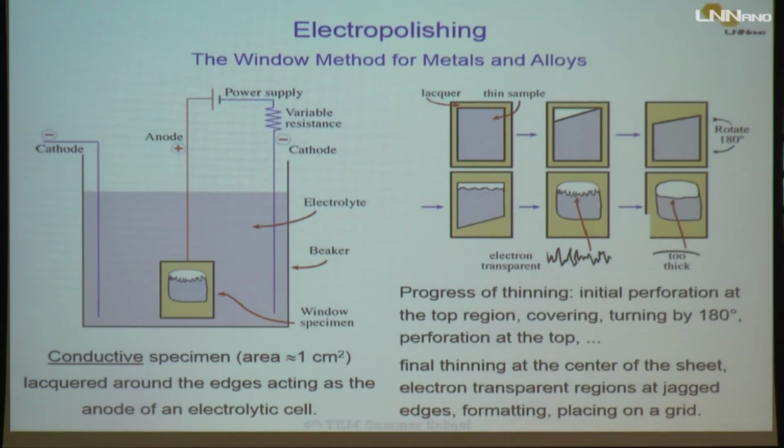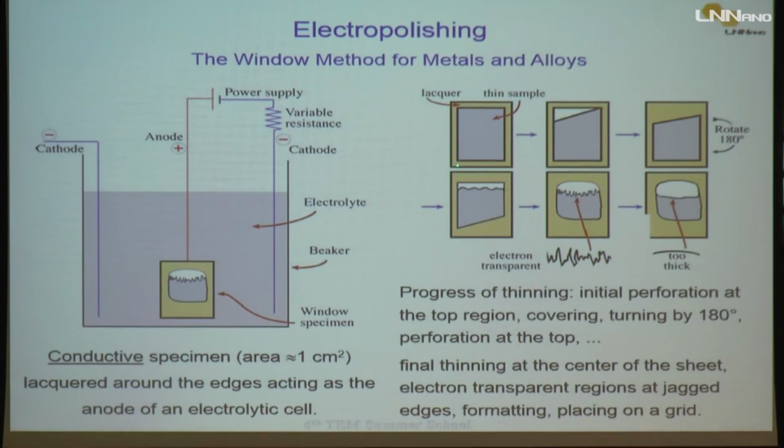Another possibility to prepare bulk materials is by electropolishing. We have this window method. It's very, very hard to prepare this. You need to put a lot of effort. It's not exactly trial and error, but it's based on a lot of experience, and you do not control exactly all the factors that affect your preparation. Okay?